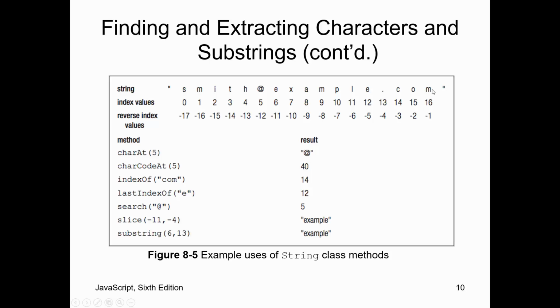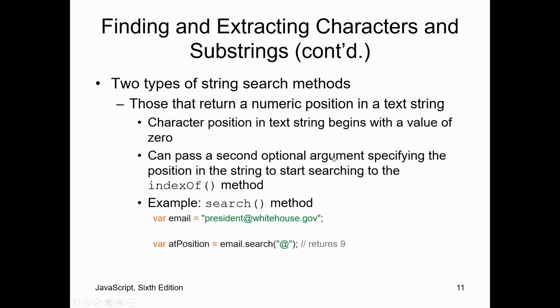So 0, 1, 2, 3, 4, 5, 6, 7, 8, 9, 10. In fact, I think it's 1, 2, 3, 4, 5, 6, 7, 8, 9, 10, 11. And you can do the substring. Again, it says start at 6 and go through 13. So there's a lot of ways that you can do different things in here.